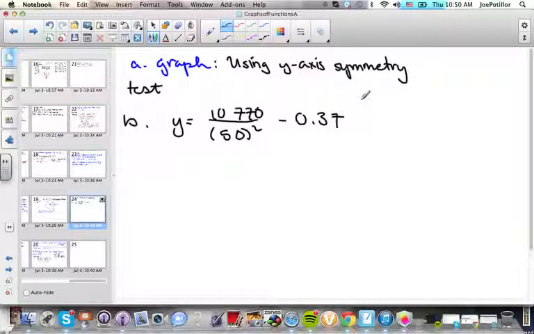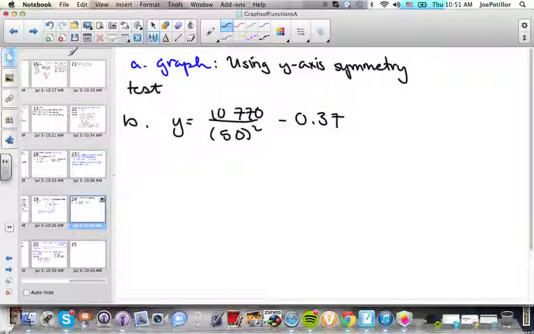So we do Y variable, function Y1 of 50, which gets us 3.398. So 10,770 divided by 2,500 minus 0.37.